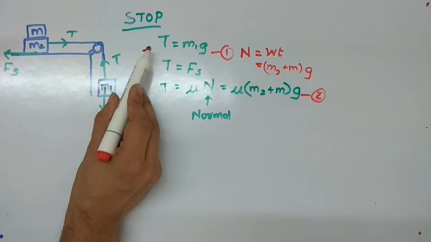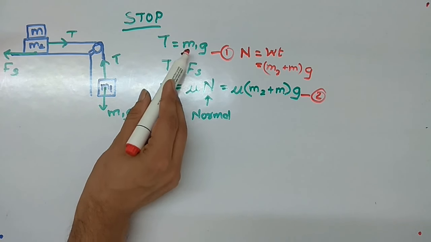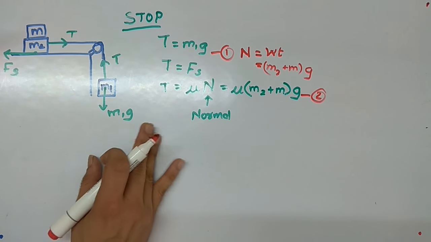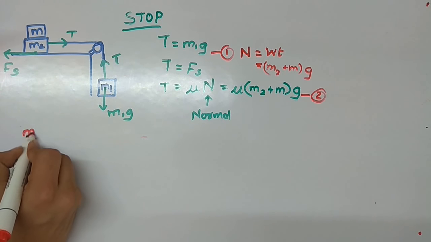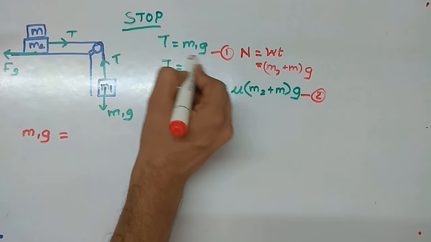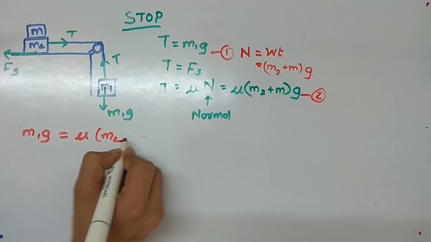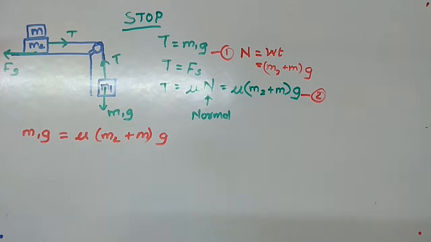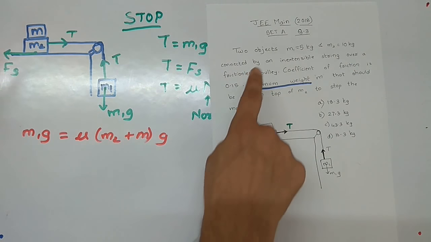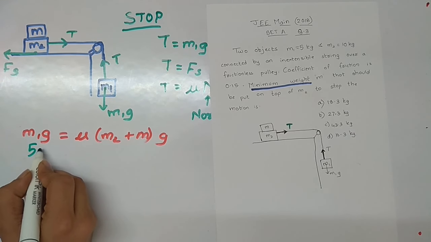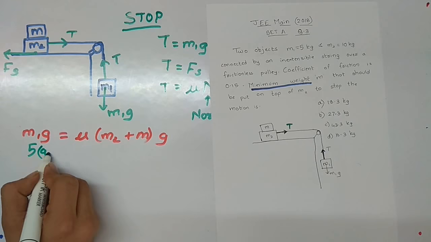Left hand sides are the same, so the right hand sides should also be the same. So m1g should be equal to mu into m2 plus m into g. They have already mentioned the values of m1 and m2. The value of m1 is 5, so this is 5 into g, where we are taking 9.8.